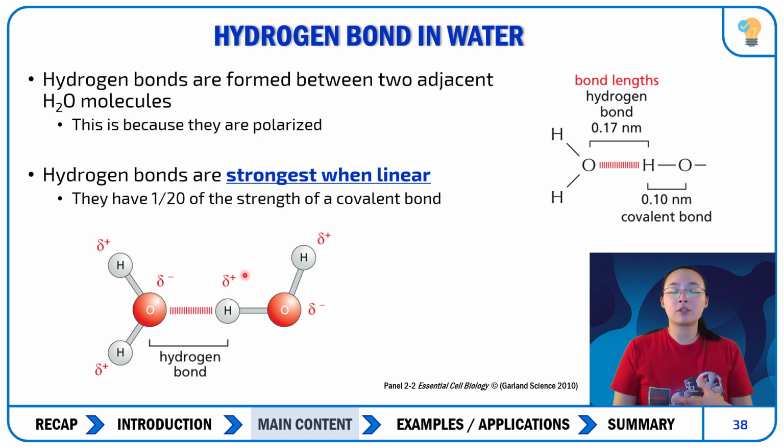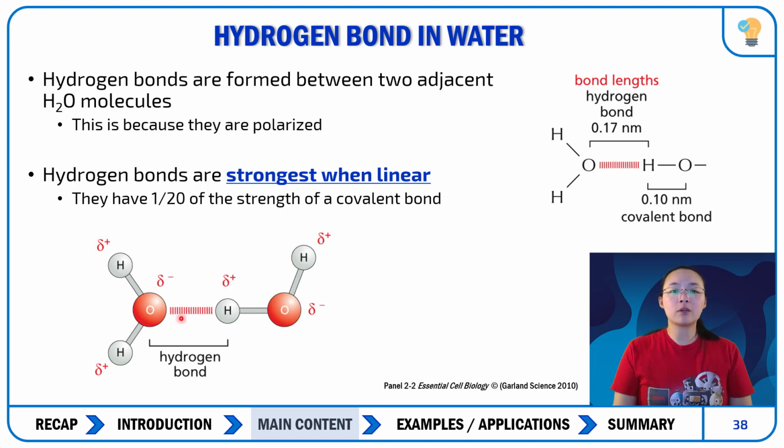Another thing about the strength of hydrogen bonds is that they're going to be the strongest when they're linear, which means you want to orient the molecules so that the hydrogen bond is directly in a straight line from the two different regions. So hydrogen bonds are the strongest weak interaction bond at about 1/20th of the strength of a covalent bond.